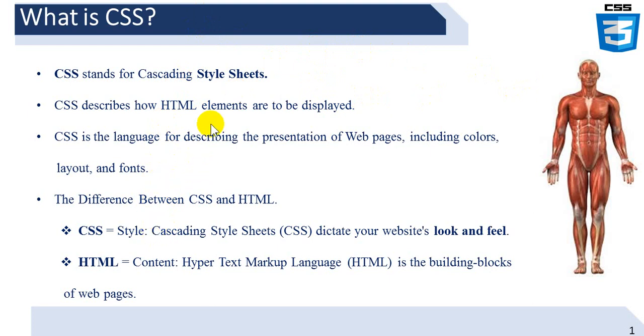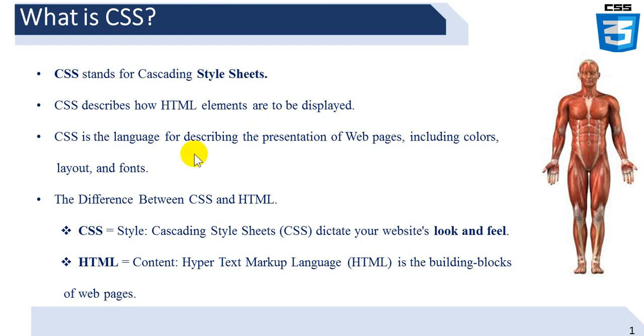Now with the help of CSS, you can decide how to display the elements on the web page: where you want to display the element, what the color will be, whether you want a border or not, whether you want a shadow or not.